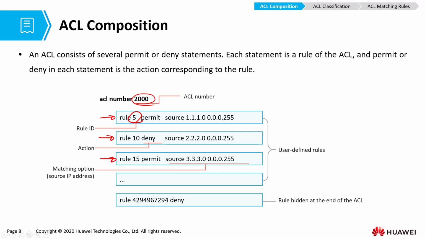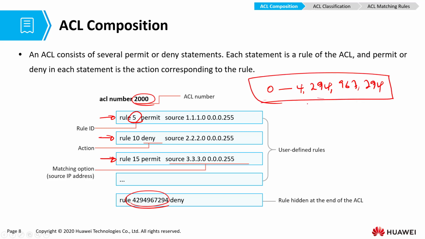Rule IDs can be manually defined by you, the network administrator, or they will be automatically allocated by the system. But generally, they range from 0 all the way up to 4,294,967,294. This is the range of the ACL rule IDs. All rules are arranged in ascending order of rule ID, and in fact, they will normally be executed or matched based on the ascending order of the rule ID.